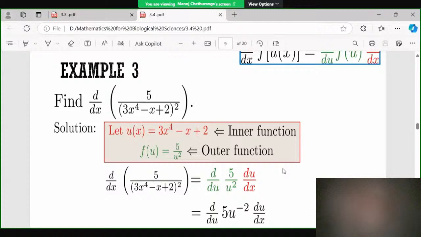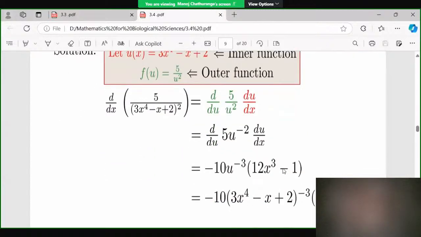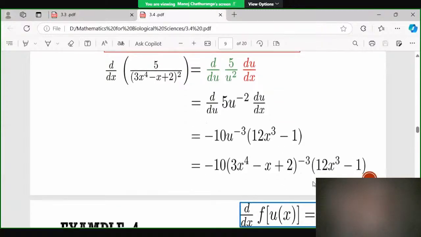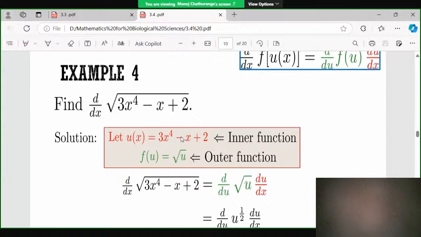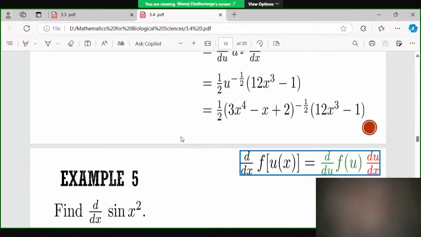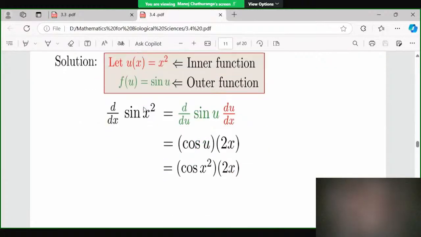My notes are very detailed, but when you have more details, sometimes you get confused. So just look at this last line and see whether you can understand the answer. Something like sine applied to x squared is much simpler.